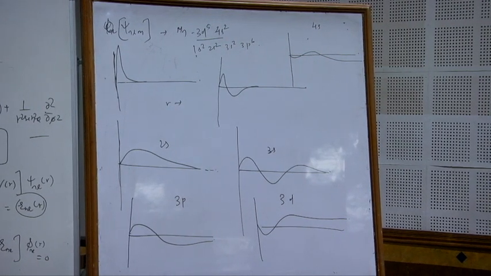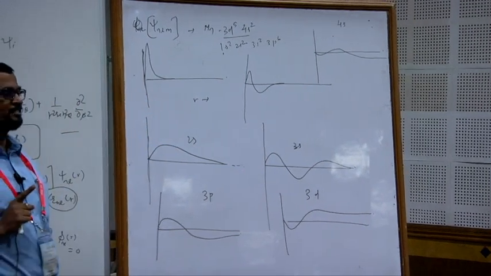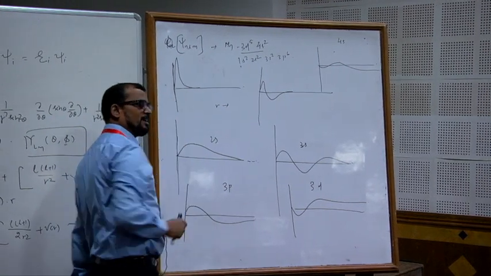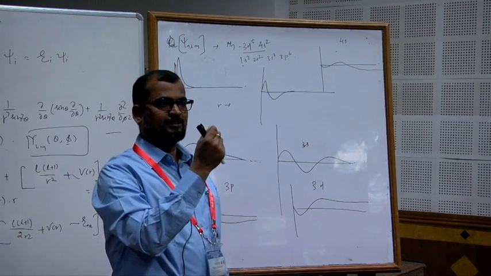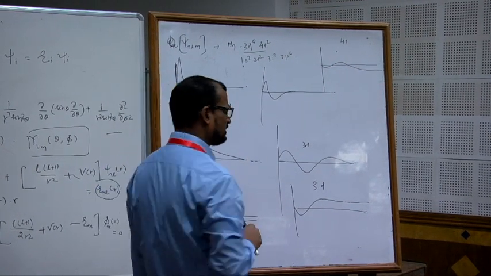So two things are very clear from this picture. The first thing is that your wave function is rapidly varying at the nucleus, at the origin. It slowly becomes smoother as you go away from it.